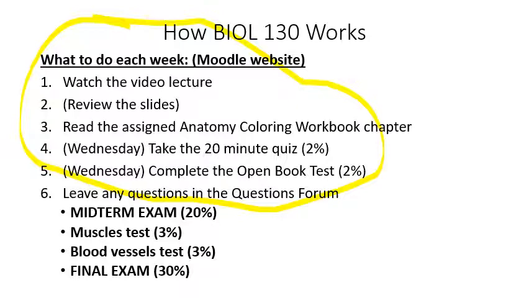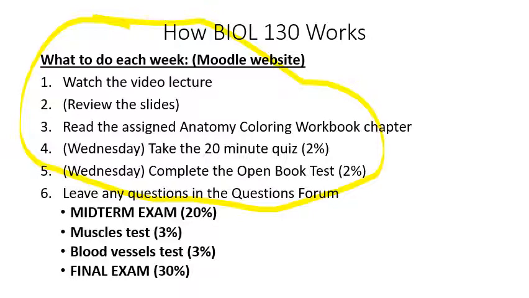But try watching the first video. Now I should mention that during the first week, I'm aware that most of you will not have your coloring book yet. So there's no quiz and no lab exercise for the first week. However, on the Moodle page, I've given you a PDF document called Handout 1, which gives a little bit of explanation about an introduction to anatomy and anatomical positioning, which is the way that we describe different parts of the body.